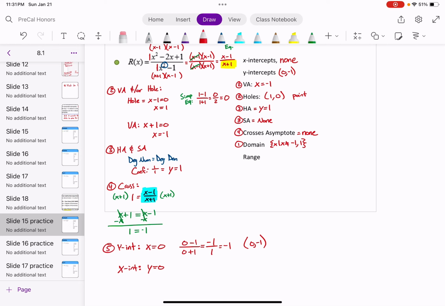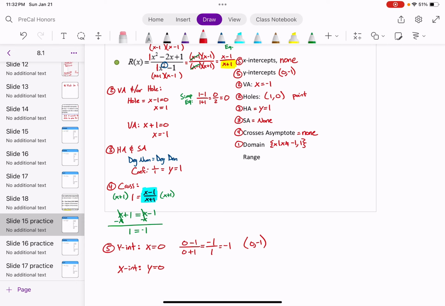Once we've gone through and figured out our x and y intercept, that is going to be the time that you're going to do the range. Now here you're going to have to analyze everything that you've already put down to determine what our range is. Now, you have to remember that the main things we're going to take a look at is what number it cannot equal. So we're going to take a look at our horizontal asymptote, where it says y is equal to 1.